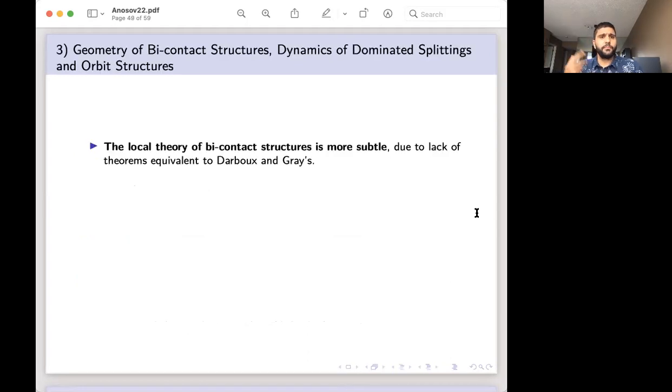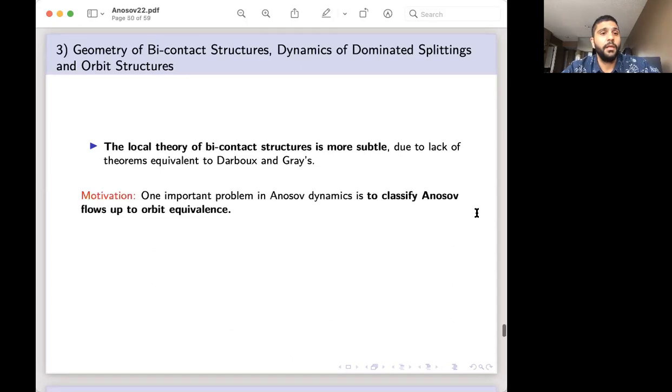The last direction that I think is interesting to go from the main theorem is a little bit more of a dynamical and geometric nature. That is about the local theory of this flow. Because we don't have equivalent theorems of the Darboux theorem and Gray theorem in the bicontact setting, the local theory of these bicontact structures is actually way more subtle, and there are lots of things that we don't know.